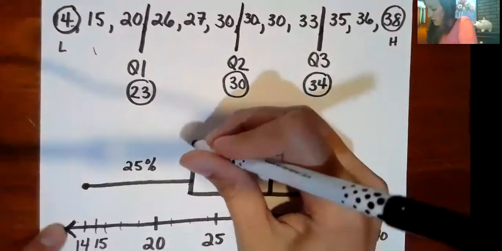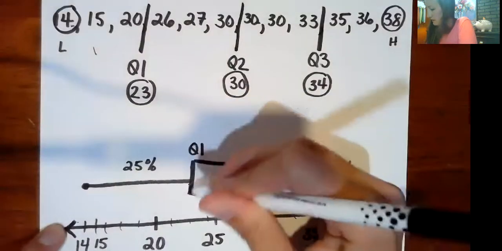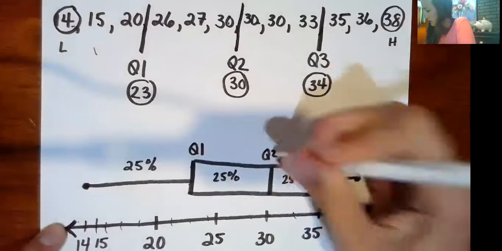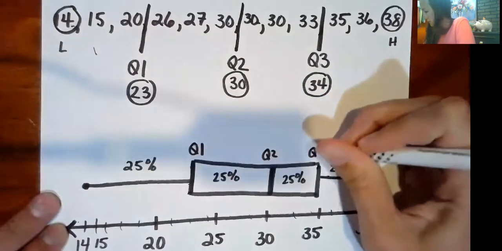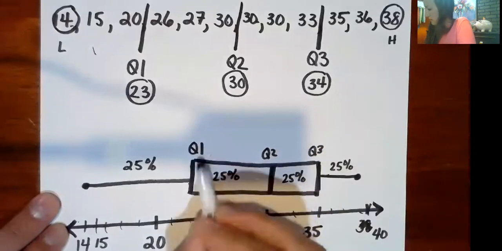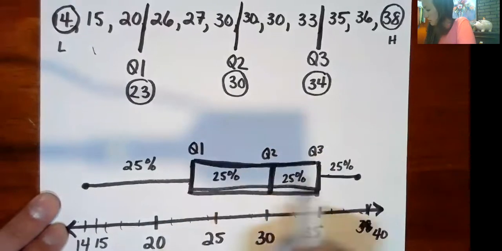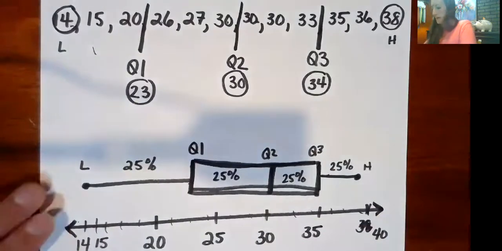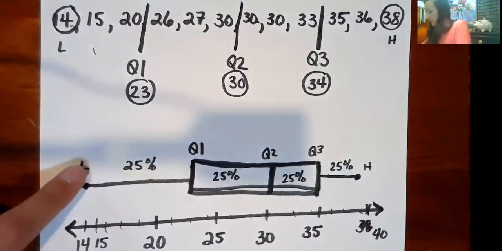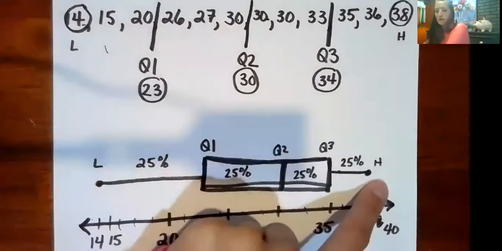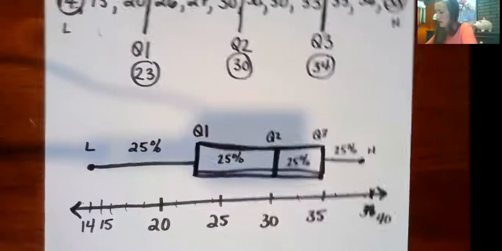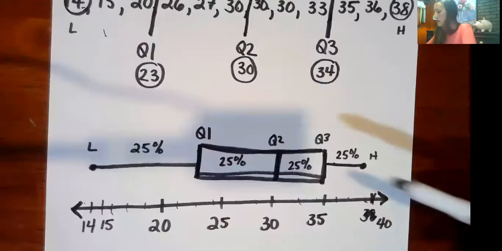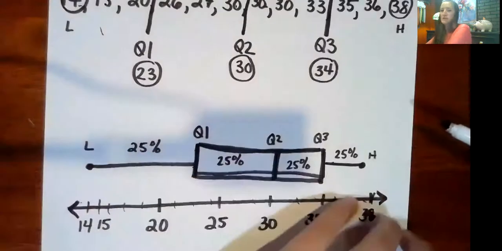So when you make your graph, you're going to have Q1 is this line, you're going to have Q2 as this line, you're going to have Q3 as this line, build yourself a box, and add a whisker out to the lowest and highest number. And then that's our 5 numbers, 1, 2, 3, 4, 5, anchored over our number line, and then we can use that to talk about groups of our data.